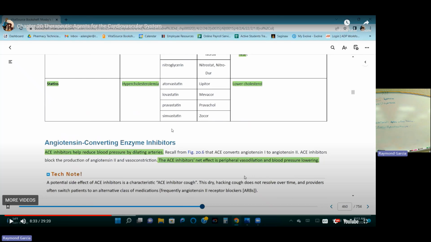It's called a potassium-sparing diuretic. It doesn't really excrete so much potassium. So you'll have some people take hydrochlorothiazide for that, and that's for swelling, edema, stuff like that.